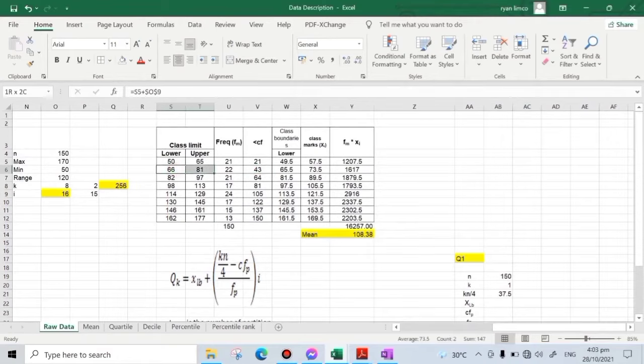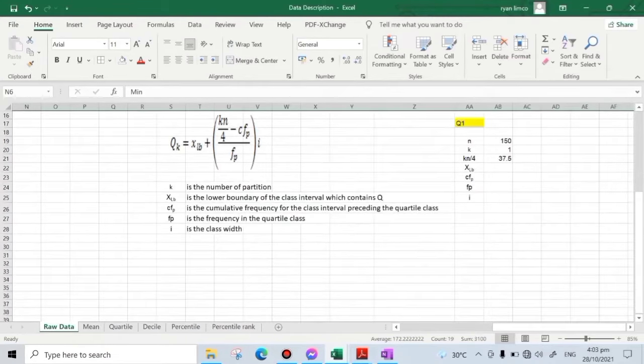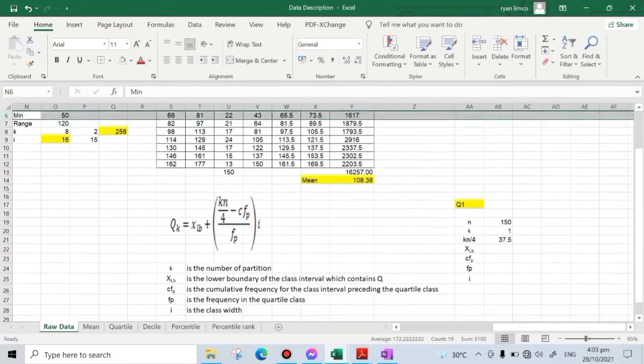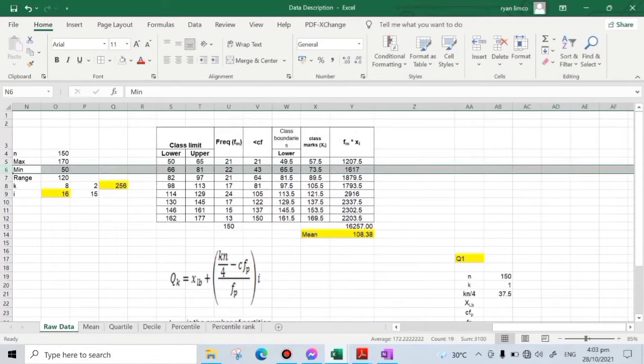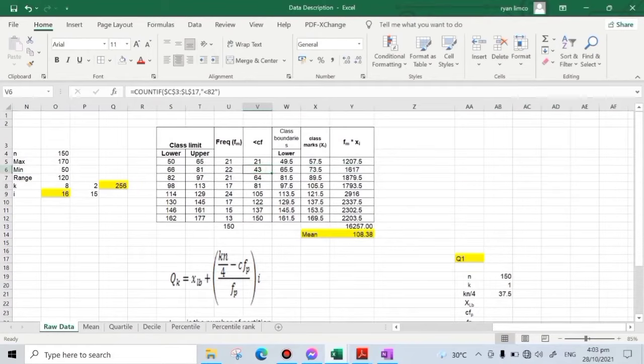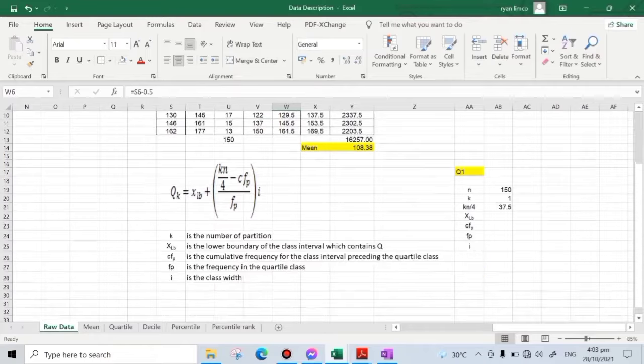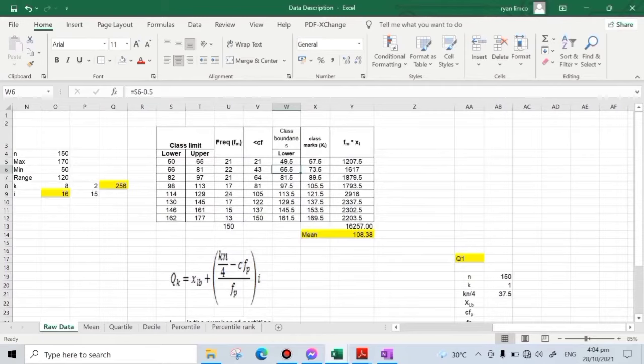So, ito yung interval na i-consider natin, no? So, we have the XLB is the lower boundary of the class interval which contains Q. So, ito yun.